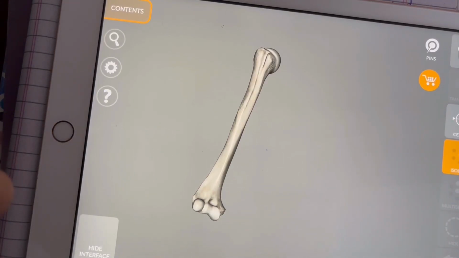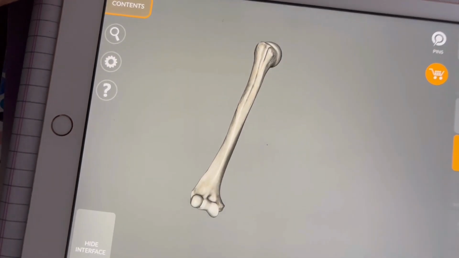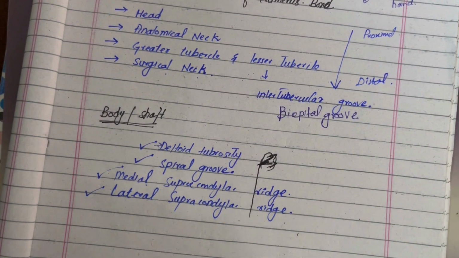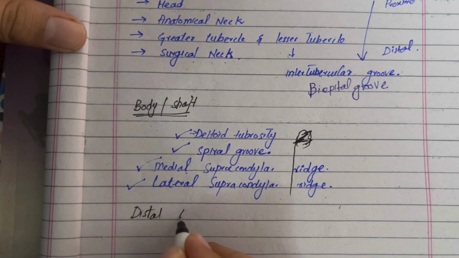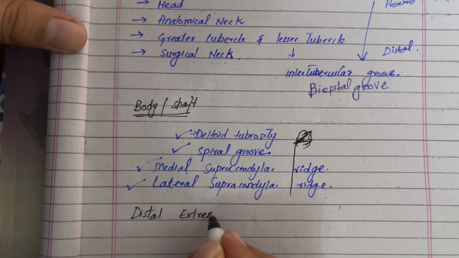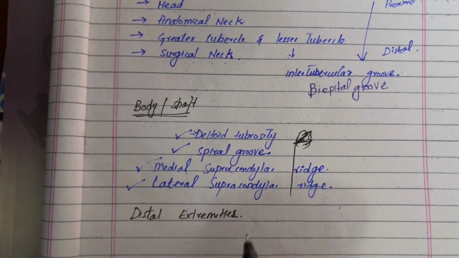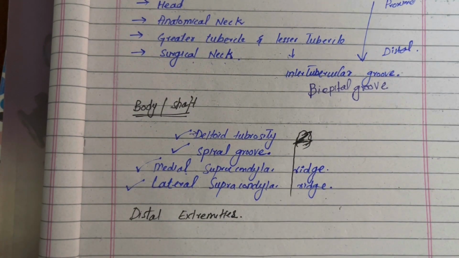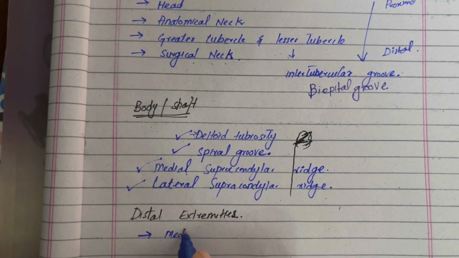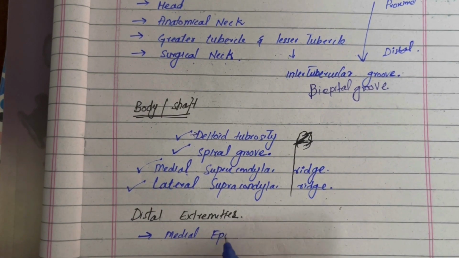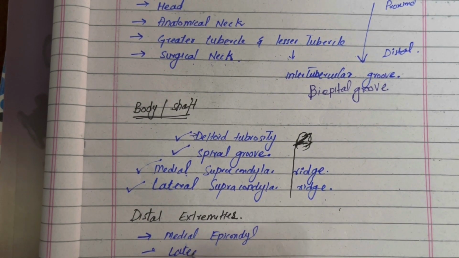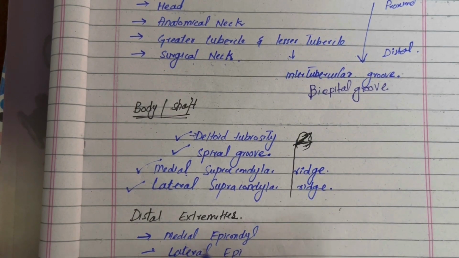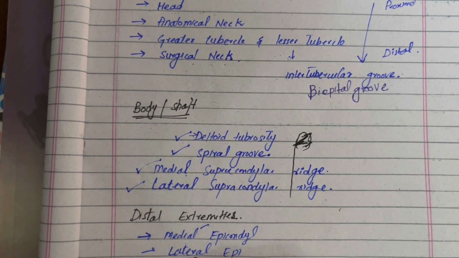Now coming to the distal extremity of the humerus bone. Distal extremity means the part that lies distally. We have the medial epicondyle and the lateral epicondyle. As the name indicates, one is located medially and the other laterally.